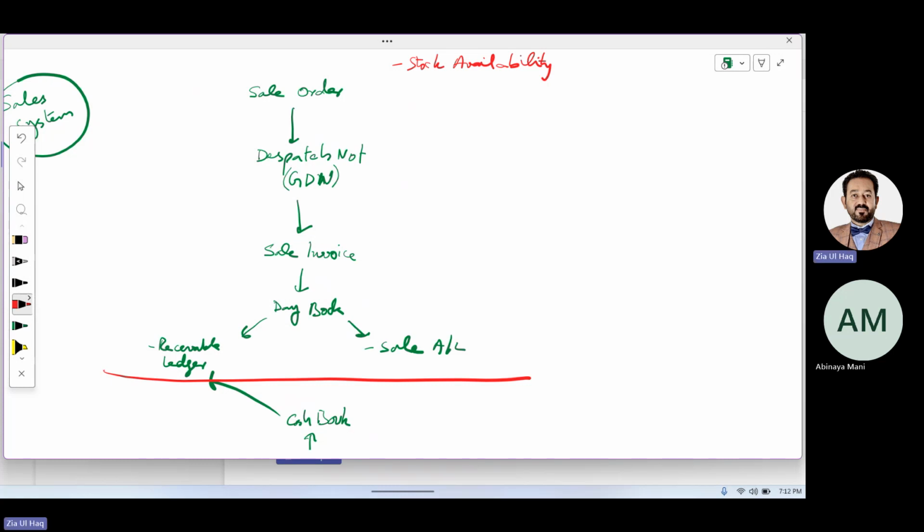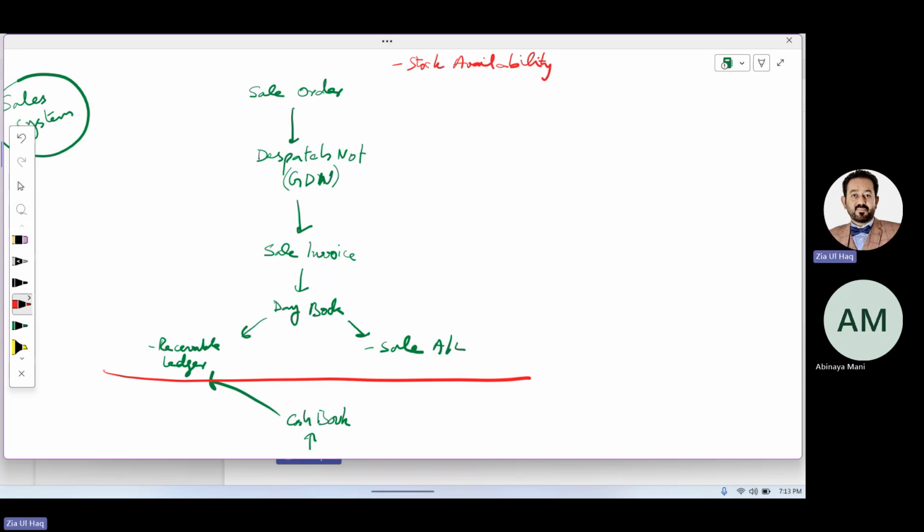Because if you haven't checked the stock availability, you have received an order for 90. While delivering, you find, oh, there are 70 units. This means for 20 units, you have to produce or arrange, and there will be chances of delay in delivery.